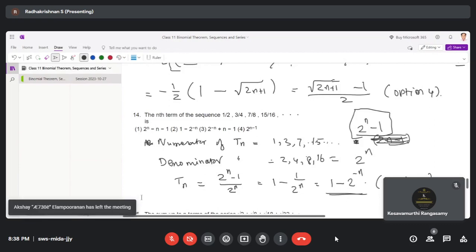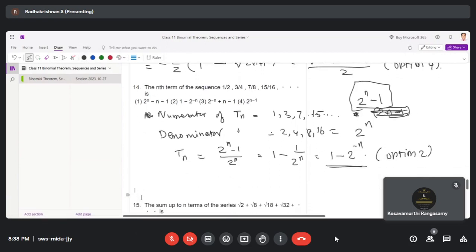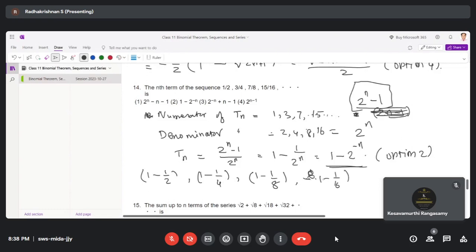Thinking about it, we can also solve this in another way. The first term is 1 minus half, the second term is 1 minus 1 by 4, third term is 1 minus 1 by 8, 1 minus 1 by 16, and so on.